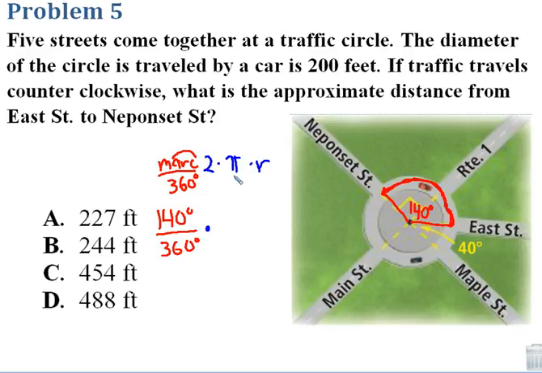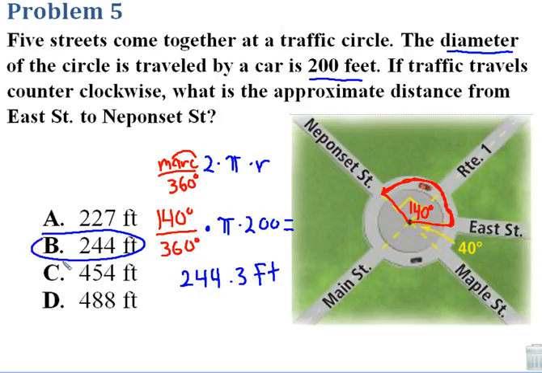We can say 2 times pi times r, or since we know the diameter is 200 feet, we can just say pi times diameter. Multiply all that through, and I'm ending up with approximately 244.3 feet. So we'll circle option B, 244 feet.